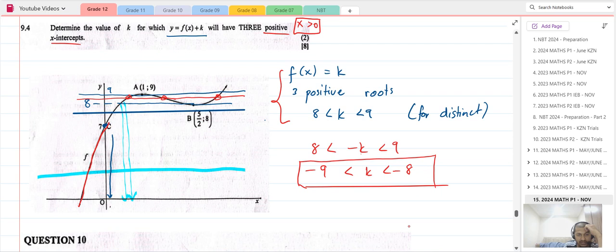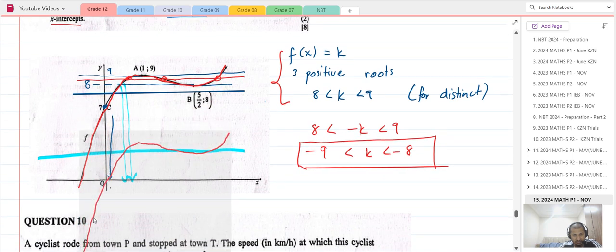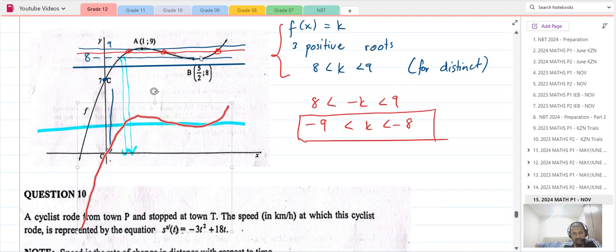For understanding purposes, I'm just tracing this figure out. Obviously you can't shift it higher up, but what you can do is shift this graph. This is shifting 7 units down, alright? If I shift this graph 7 units down, then I'm stuck at 2 here and 1 here. So I need to shift it a further 1 unit down.